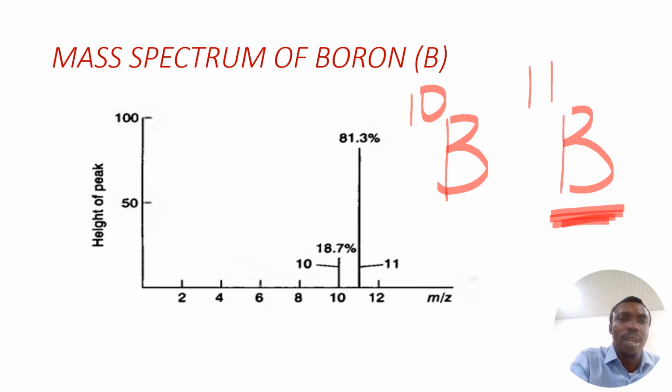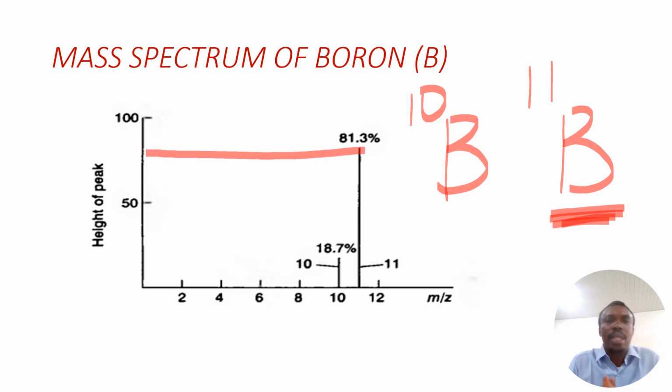It has the highest peak, which is the height of the peak. The isotope with the tallest peak is the most stable, while the heaviest is the one that has the highest mass to charge ratio or atomic mass.